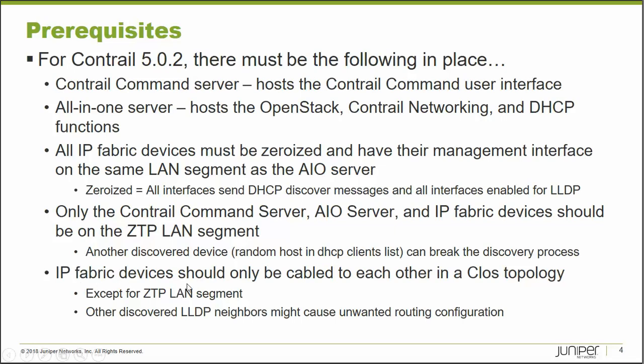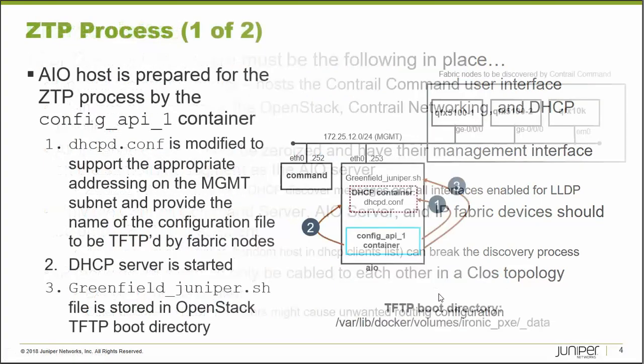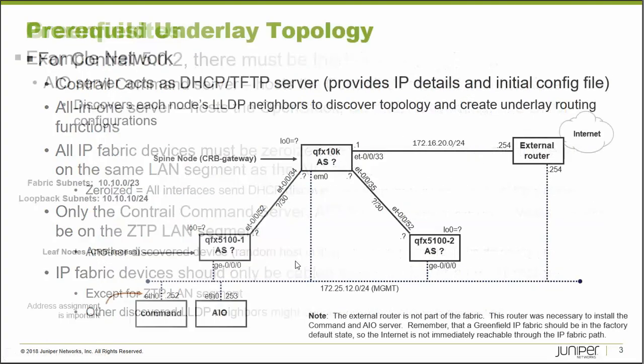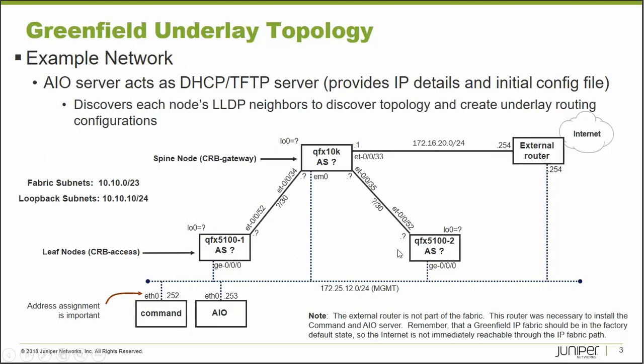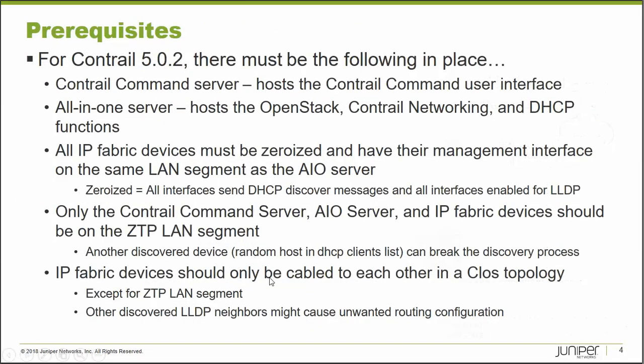And the IP fabric devices should only be cabled to each other in a Clos topology. I mentioned that a second ago. For instance, if I go back here, if there were physical links between these two leaf nodes, that would break the topology of an IP fabric, and it would also cause the AIO server to auto-configure these for a routing protocol between them, and we don't want that.